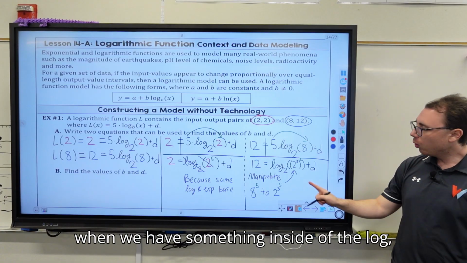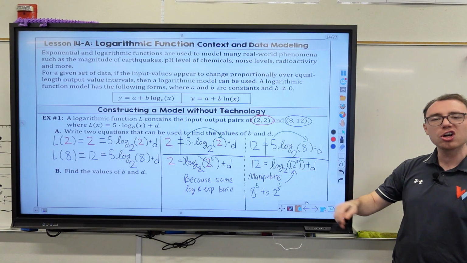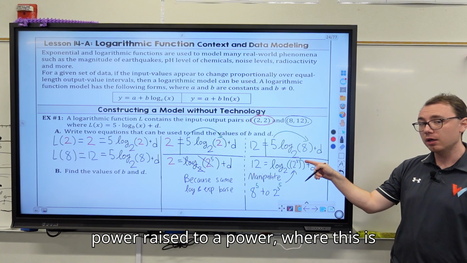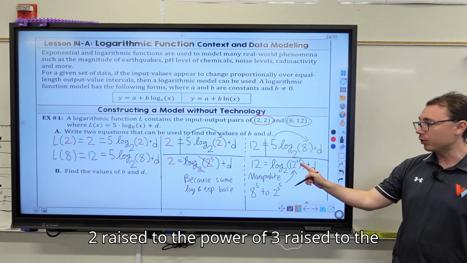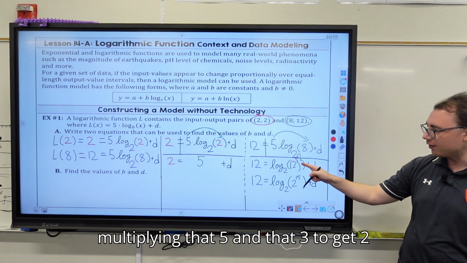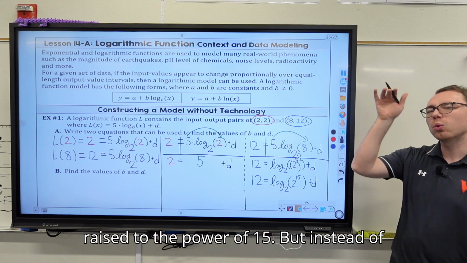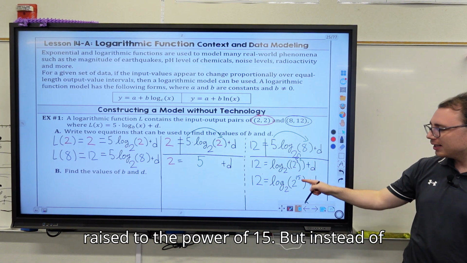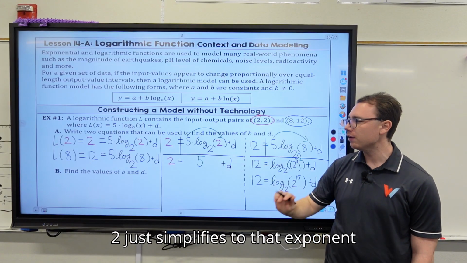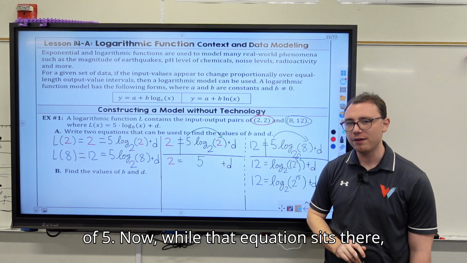Now in general, when we have something inside of the log, or anything that has a power raised to a power, where this is 2 raised to the power of 3 raised to the power of 5, really all we're doing is multiplying that 5 and that 3 to get 2 raised to the power of 15. But instead of going down this route, our log base 2 of 2 just simplifies to that exponent of 5.